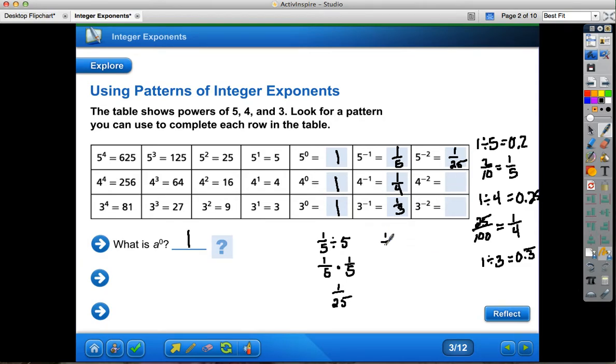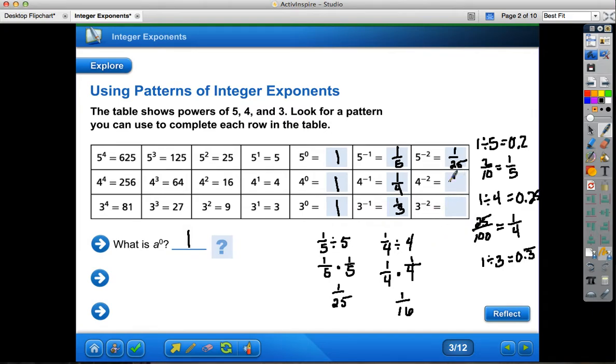Again, 1/4 divided by 4, because we found that that's the pattern as we go down the row. We just divide each time. To divide fractions, we actually multiply by the reciprocal. And then here I get 1/16.